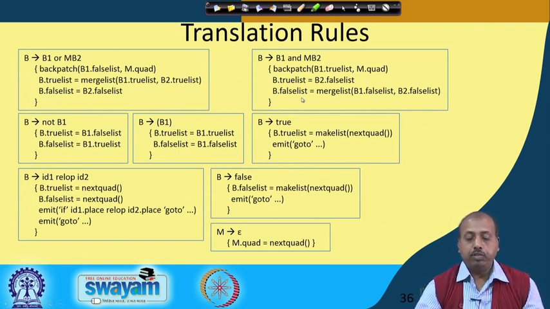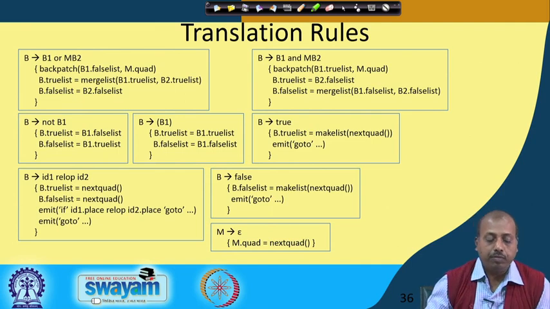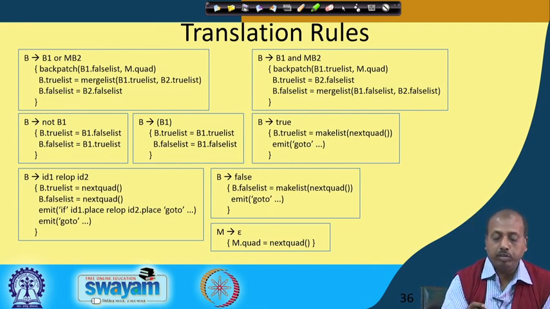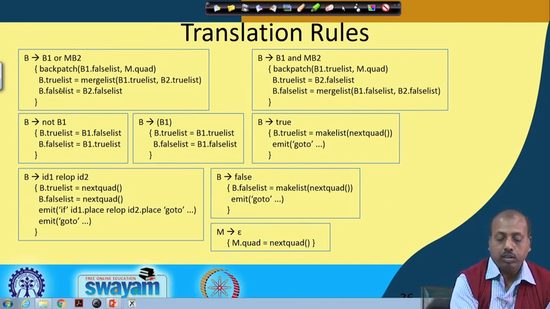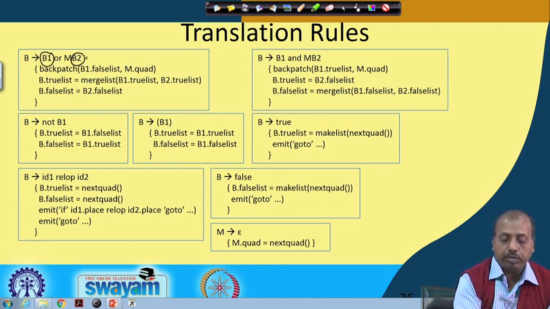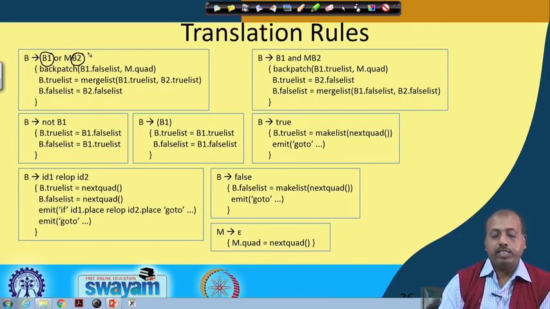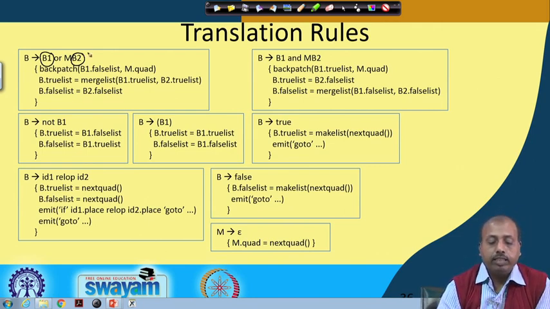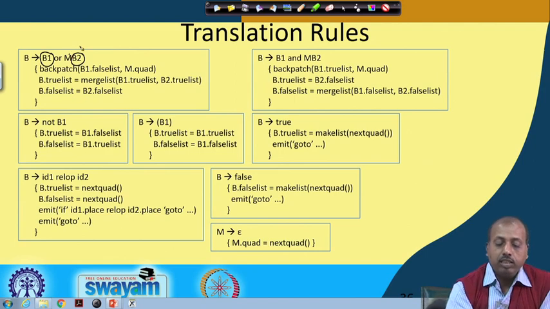So, this is the full set of rules that we have. The first rule is B producing B 1 or M B 2. Then what do we do? At this point, the true lists and false lists of B 1 and B 2 are known, and this M has got the quad.